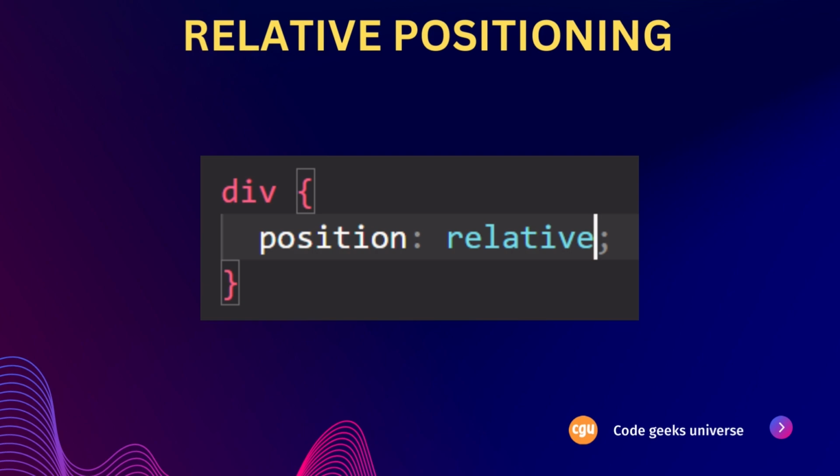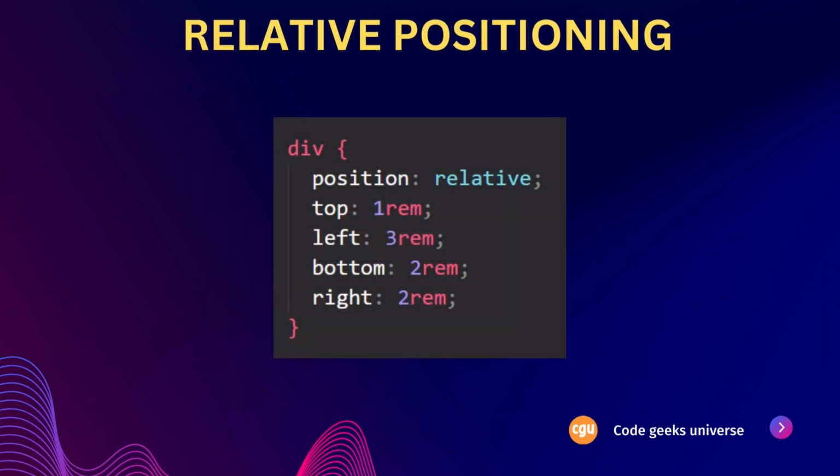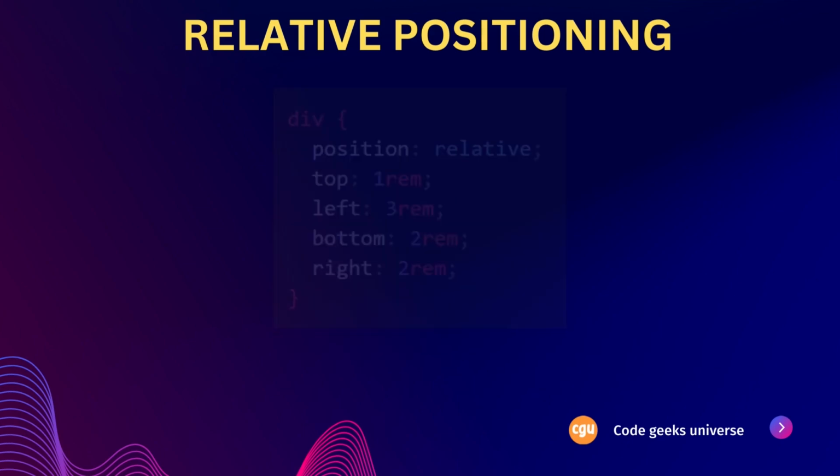Unlike position static, which is the default position, relative allows us the use of additional positioning properties like top, right, bottom, and left. By manipulating these values, we can shift elements from their default position without affecting the layout of surrounding elements.